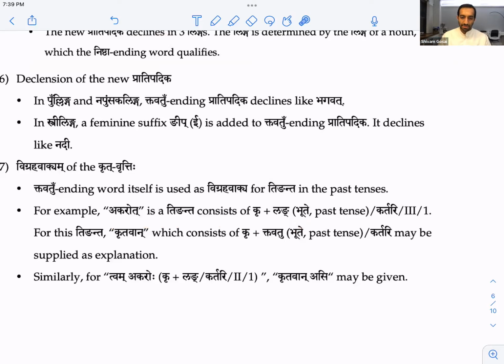Now the verb can be explained with a noun. When we have a Kṛdanta, we have a dhatu plus a Krit pratyaya, and you make a Pratipadika. Pratipadika is the nominal base, the base of the noun, right? Now this I decline in 1-1.